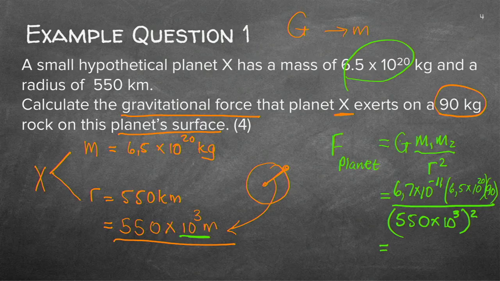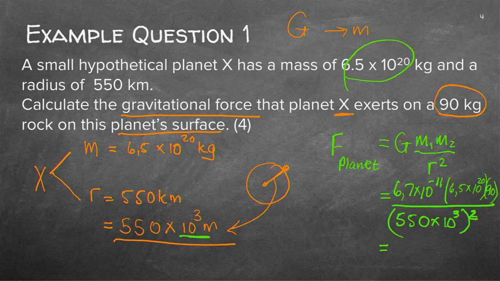and remember the square. Now I'm going to give you 2 seconds to quickly put that into your calculator and see what you get. 6.7 times 10 to the minus 11 multiplied by 6.5 times 10 to the power of 20 multiplied by 90 divided by 550 times 10 to the power of 3, or you could have said 550,000 squared.